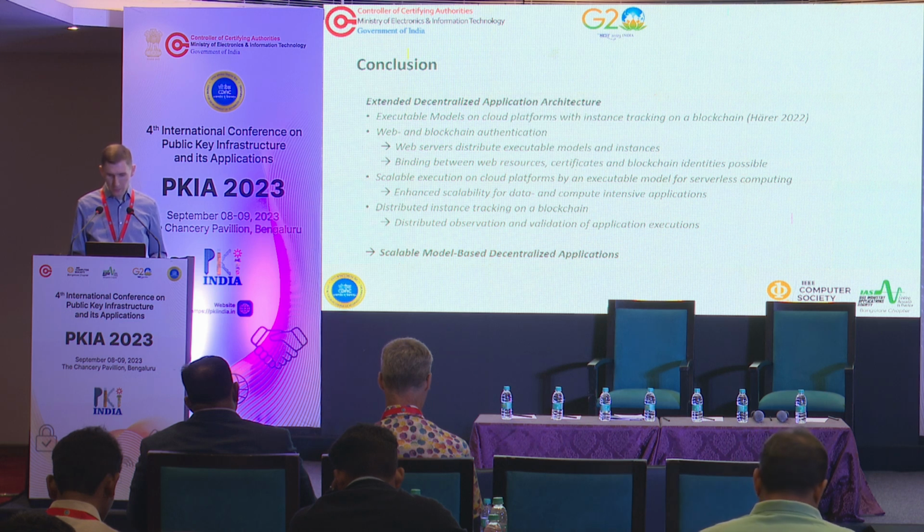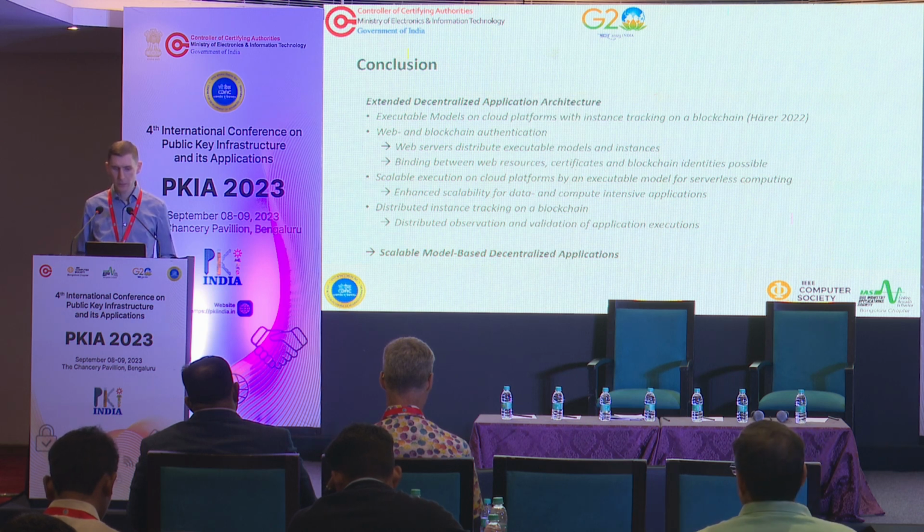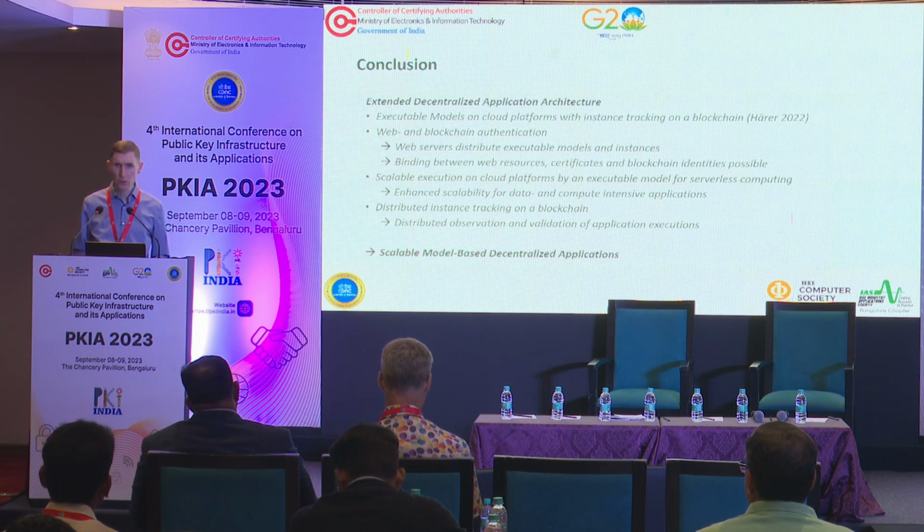So in conclusion, we have seen an extended decentralized application architecture for executable models on cloud platforms with instance tracking. And what is new in this approach is the web and blockchain-based authentication, which now uses web servers to distribute executable models and instances. Web architectures tend to be very scalable.